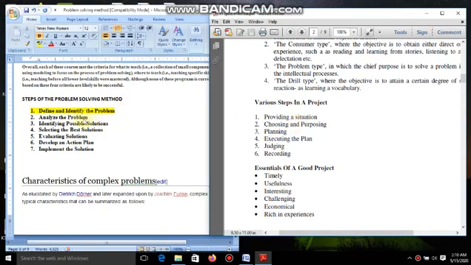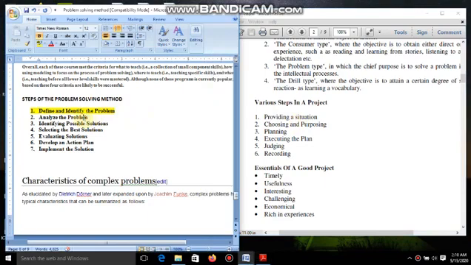Similarly, in the case of analyzing the problem, the term analyze comes under higher order thinking, which is popularly known as HOT in education learning theory.